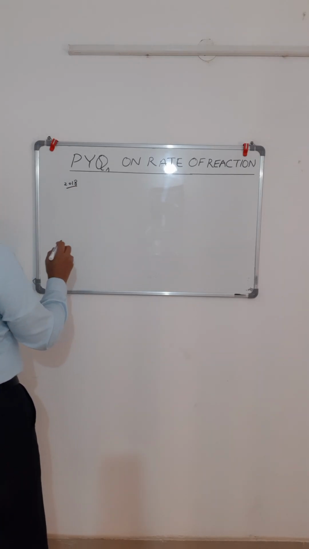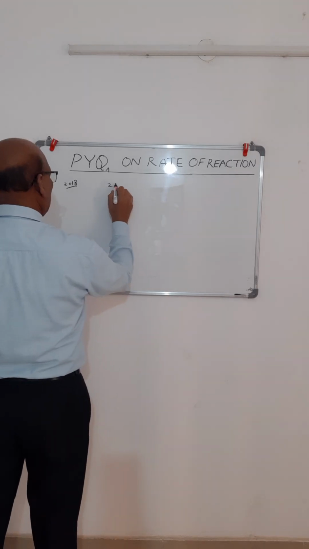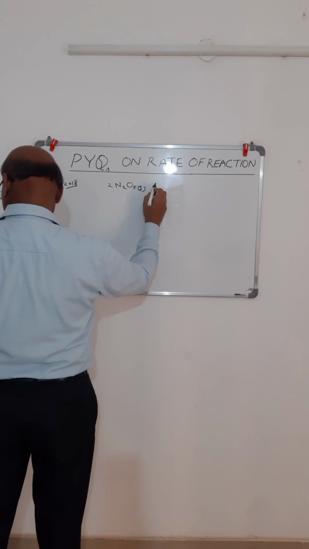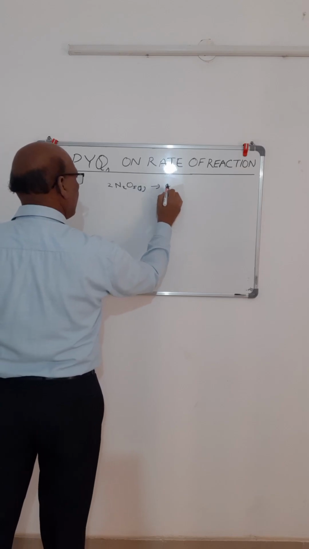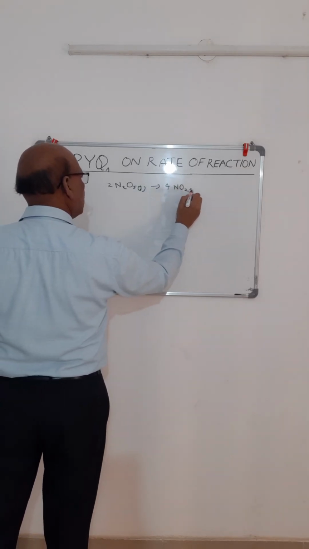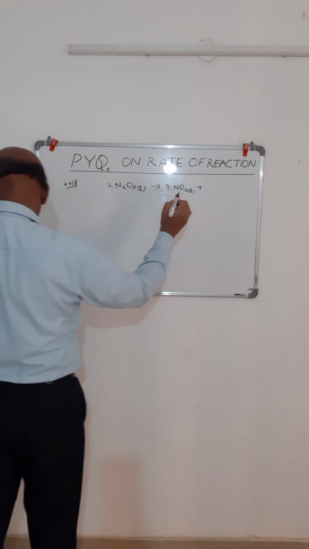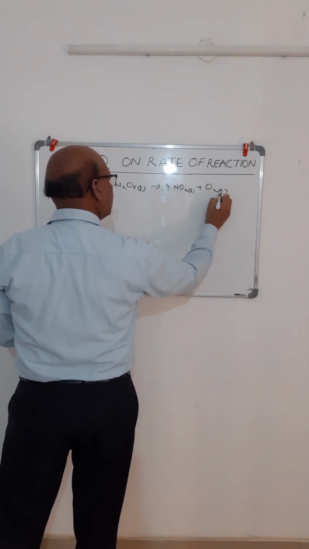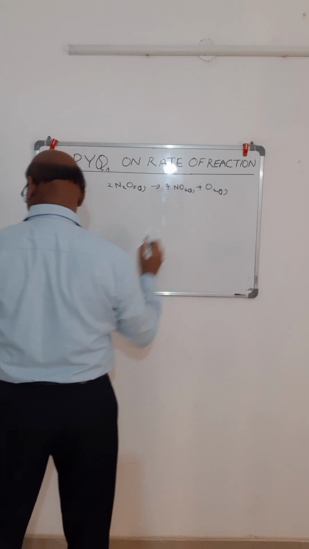It says, for the reaction 2N2O5 gas gives 4NO2 gas plus O2 gas. This is the reaction given to us.